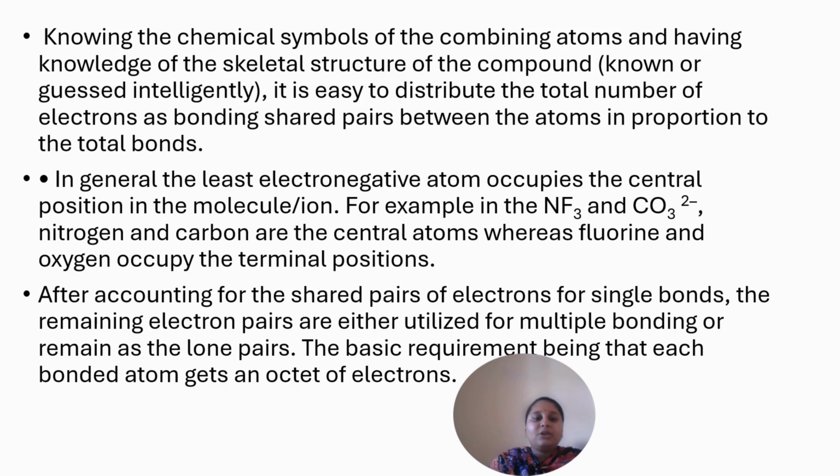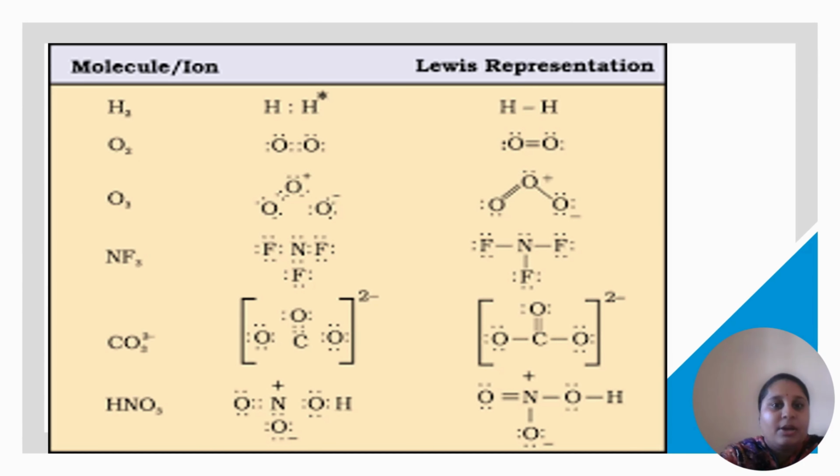The formal charge for the O3 molecule: for the central atom O, marked as 1, it is 6 minus 2 minus half of 6, which is the valence electrons minus the lone pair electrons minus half the bonded electrons, so that is plus 1.